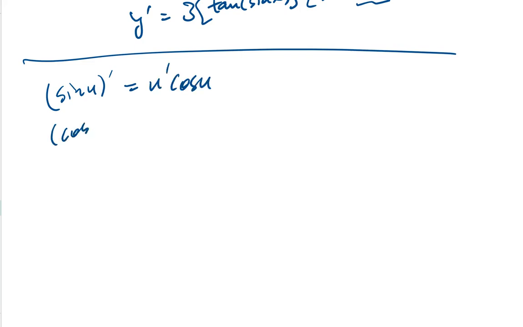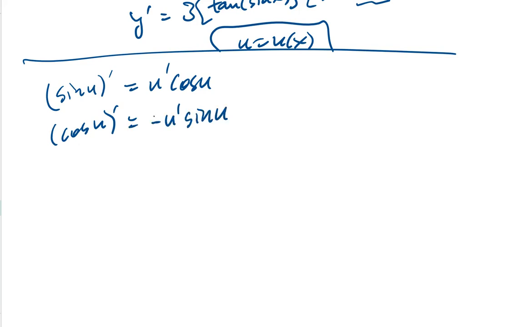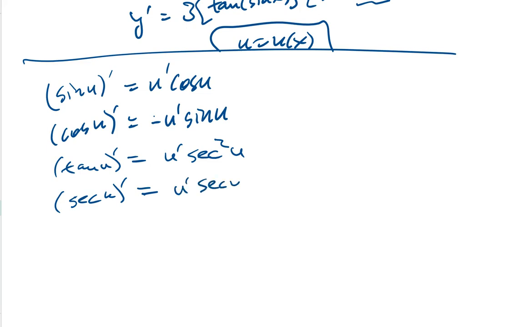If you have cosine of u, so here u is a function of x in all of them, then this would be negative u prime sine of u. And then the derivative of tangent of u would be u prime secant squared of u. And then you have all the rest for secant as well. The derivative of secant of u is u prime secant u tangent of u.